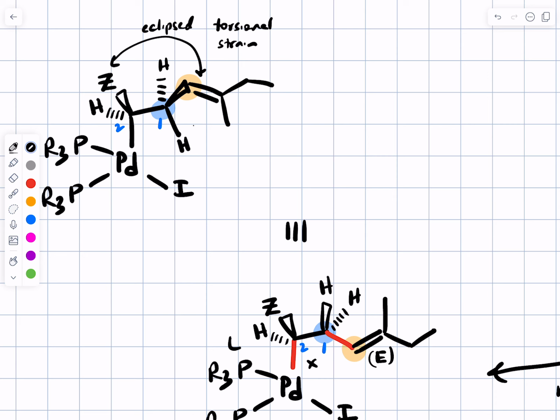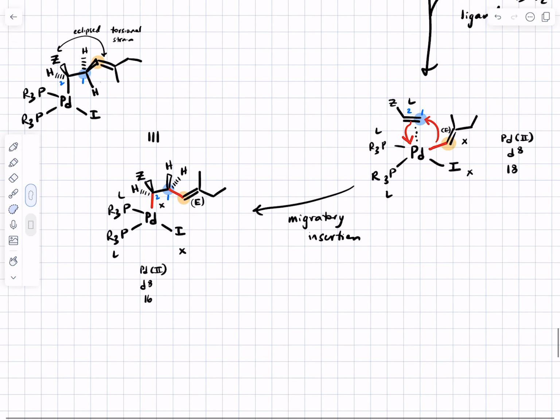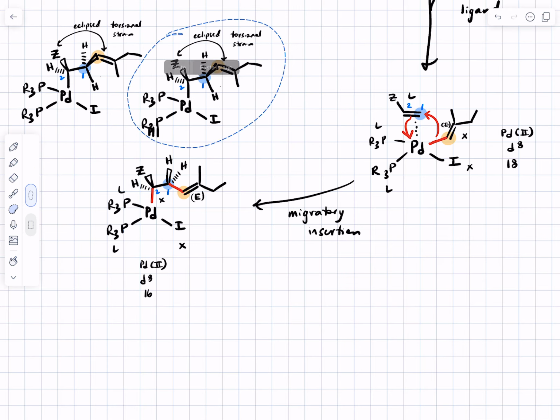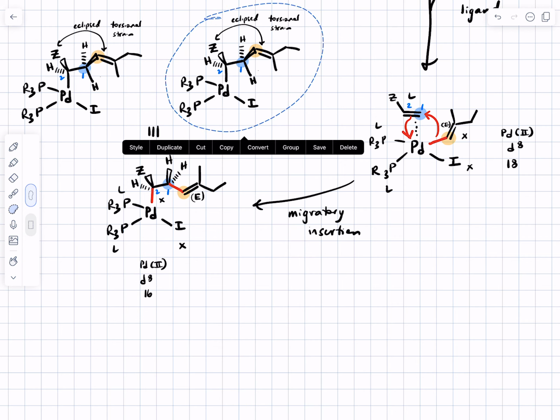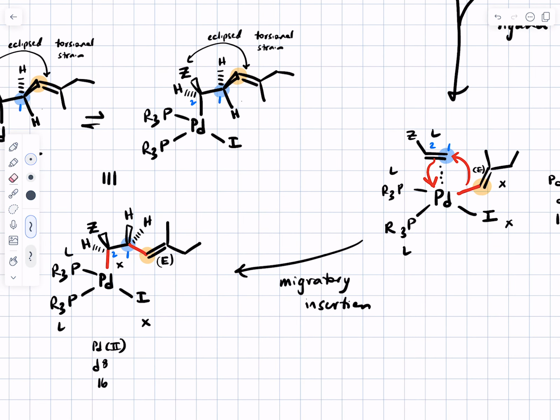There's an alternative, of course. We could continue rotating around that carbon-carbon bond. I'm going to erase the groups just to show what it would look like after we rotate.